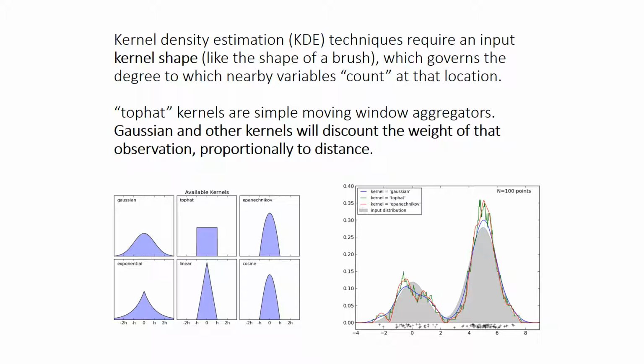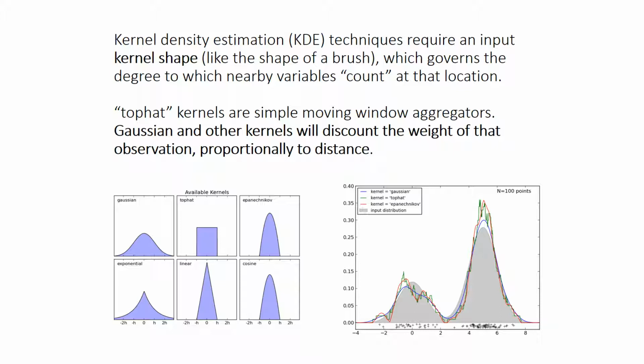But there are more sophisticated kernels. So there's Gaussian kernels that are essentially like a normal distribution. And there are a number of different versions of this. But essentially what we're doing is we're weighting observations such that nearby observations get weighted more, distant observations get weighted less, and there's sort of a continuous fall off rather than this steep one that you see with the top hat.